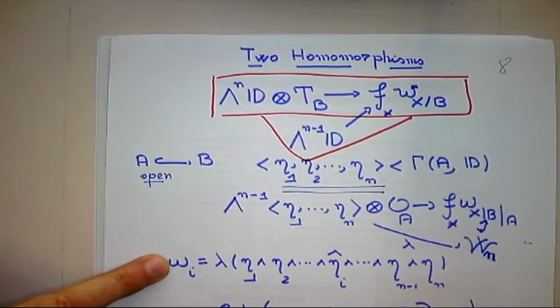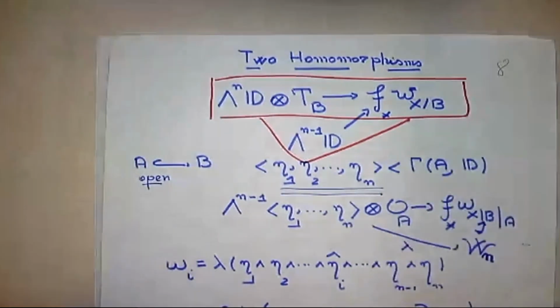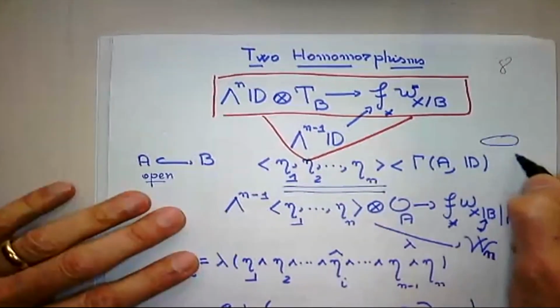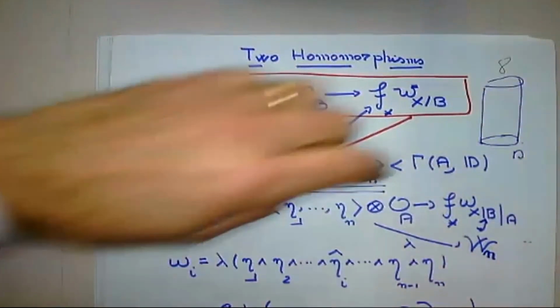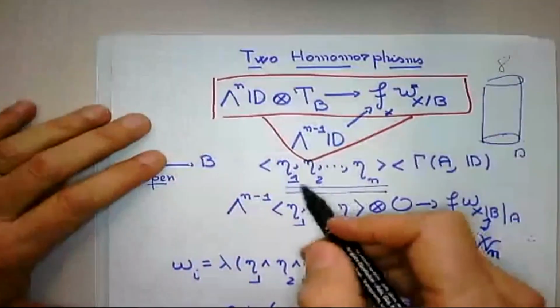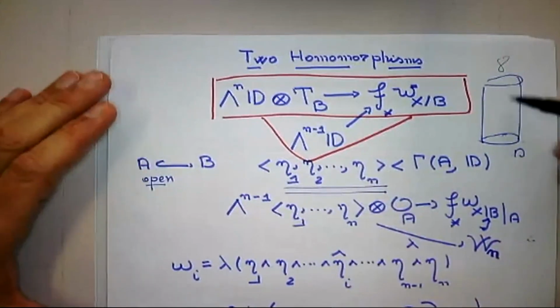I don't know if you grasp at least the game. You start with the dimension of fiber plus 1 forms. Over the cylinder, you have this A, you think over the cylinder, and these eta I are forms that restrict to closed 1 forms.